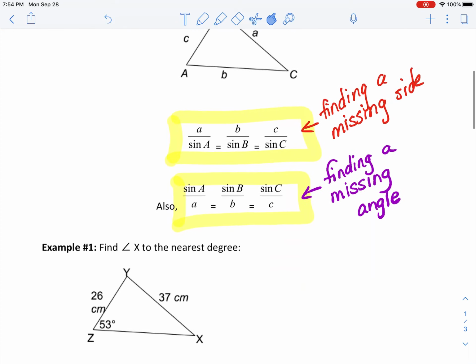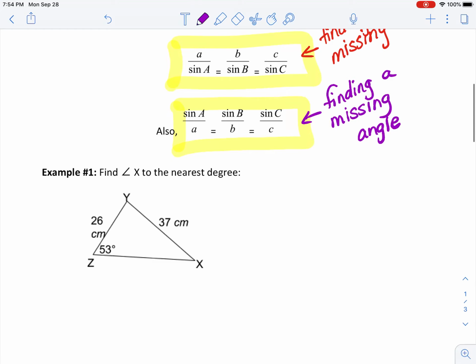Okay, let's see how to actually use this thing now. Find angle x to the nearest degree. It is not a right angle triangle, so I cannot use SOHCAHTOA to solve it. I want to find this angle x. So I would use this one.